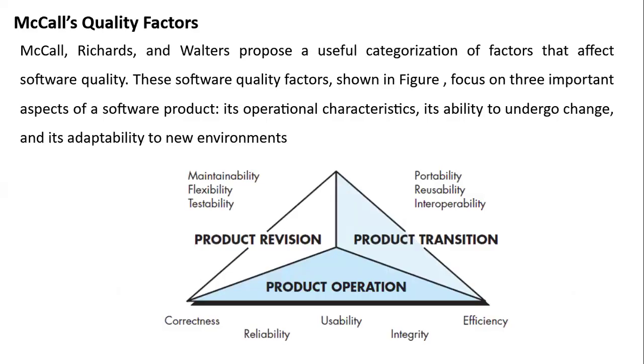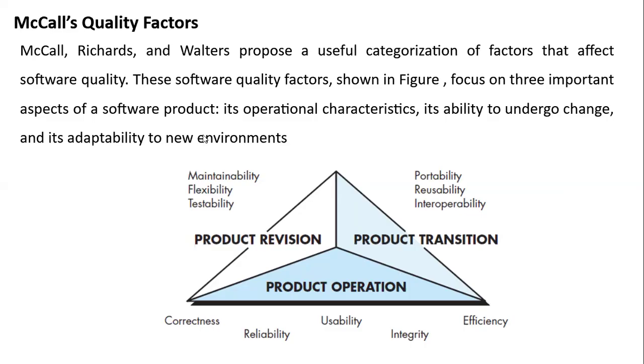Next is McCall's quality factors. McCall, Richards, and Walters propose a useful categorization of factors that affect software quality. The software quality factors shown in this figure focus on three important aspects of the software product: its operational characteristics, its ability to undergo change, and its adaptability to new environments.